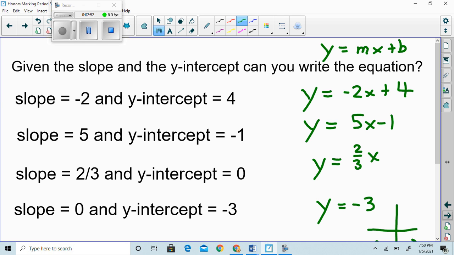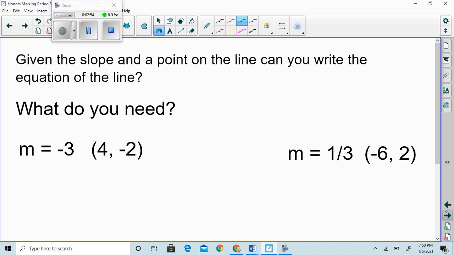What happens when you're given the slope and a point on the line? Can you write the equation? Not right away. What do we need? We need to find our y-intercept. We're missing b. So we'll replace into the model what we have and solve for b.